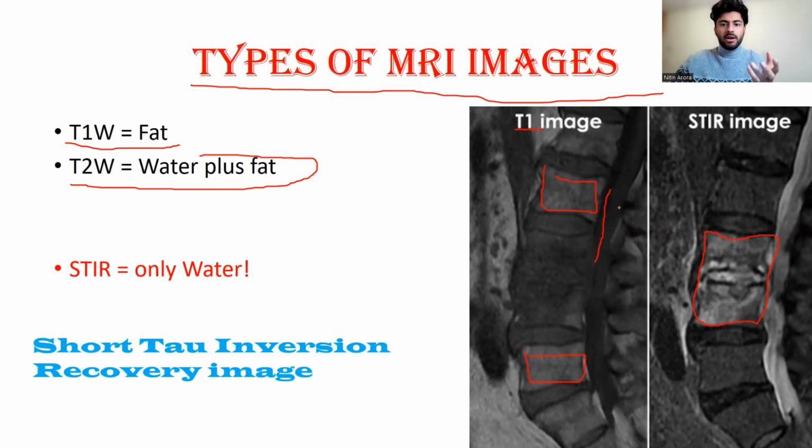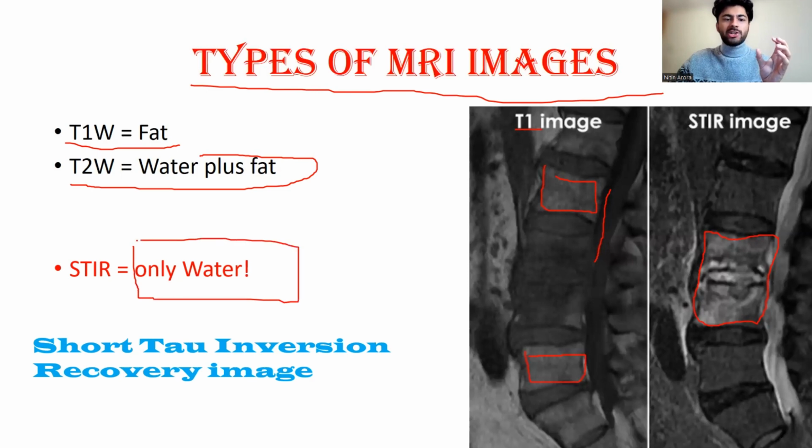T1 was fat and T2 was water plus fat. Now you need an image that is only water. So no fat should be visible. So STIR weighted images are the images that only show you the water in the image. Okay. So no fat is visible. Only thing that you see here is water.